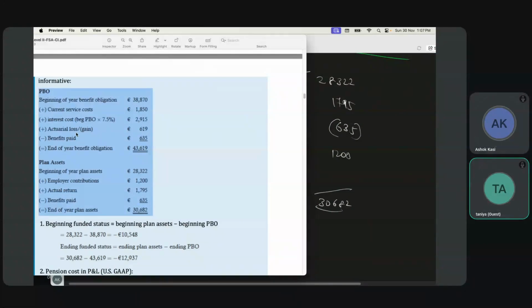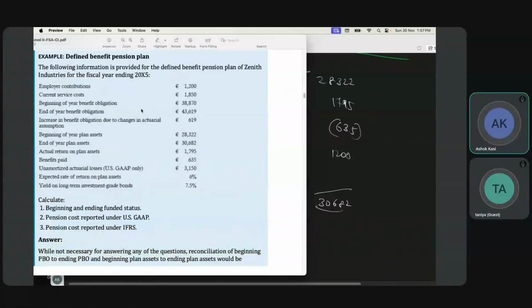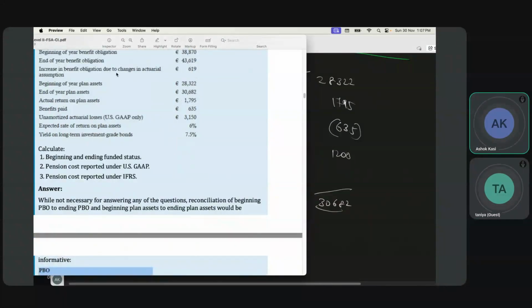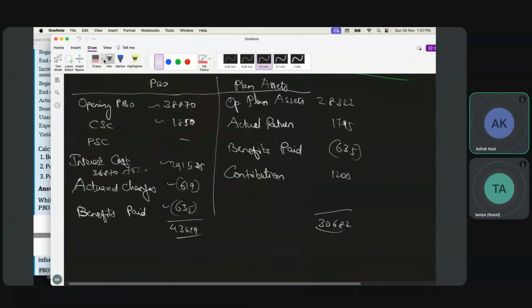Increase in benefit obligation due to changes in actuarial assumptions, actuarial losses or gains 619. Now the obligation is going up, that means a loss of 619, so it will be a positive number. Now you see if it is matching to 43,619.